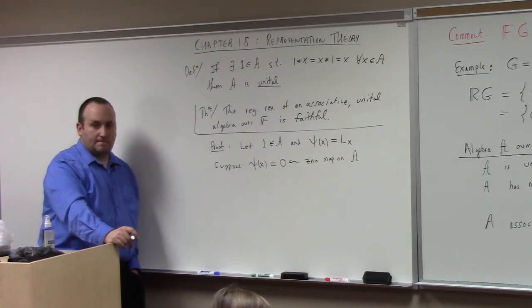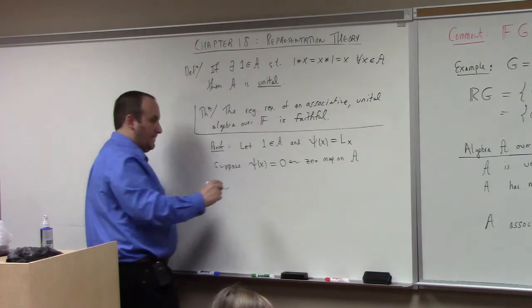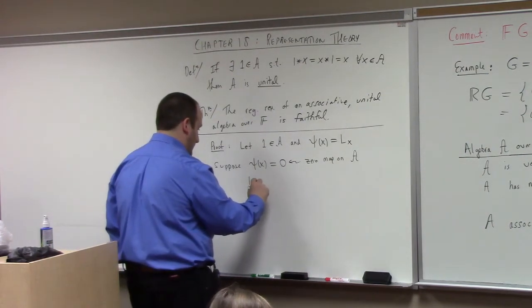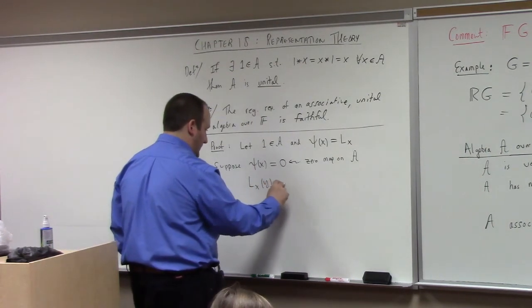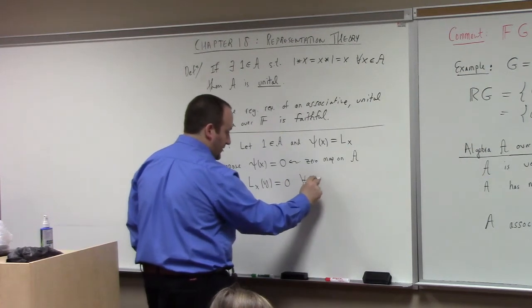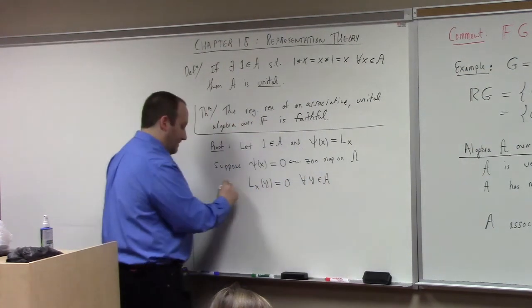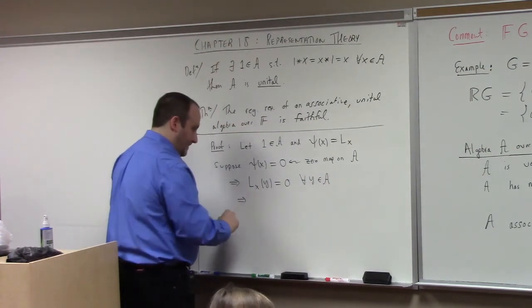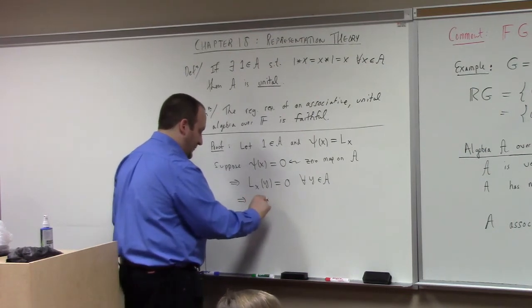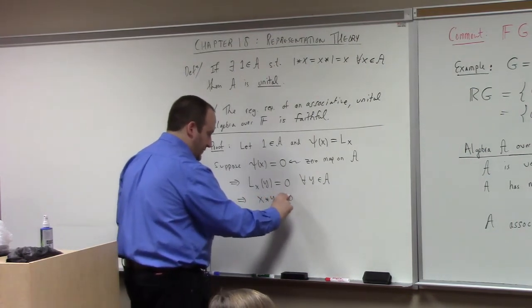So what would that say? Okay, so Lx of y is equal to 0 for all y. Very good. What's that say? X times y, right, is equal to 0 for all y.